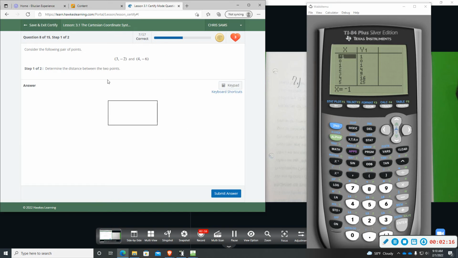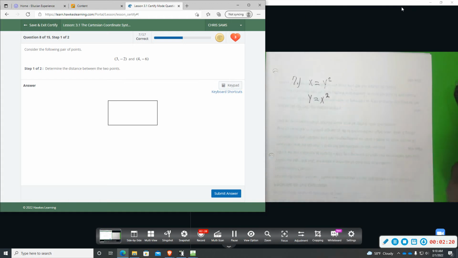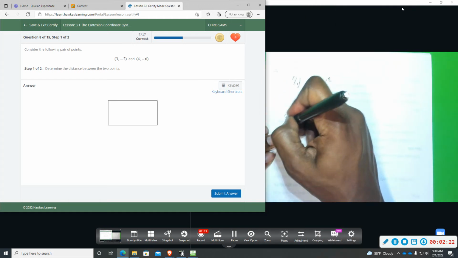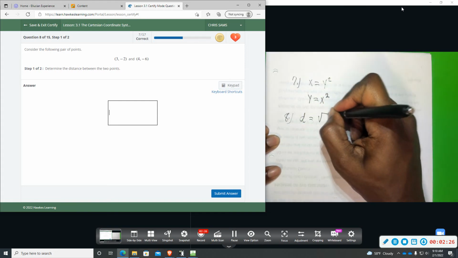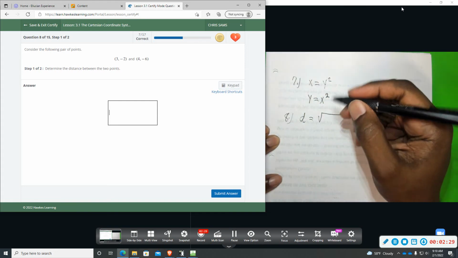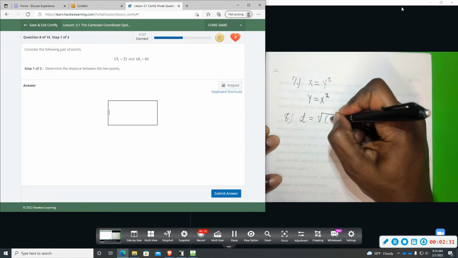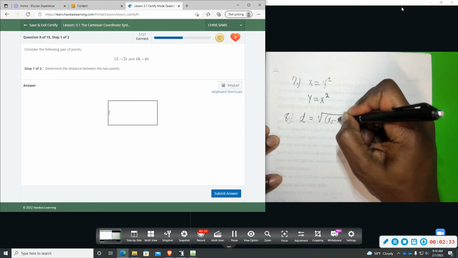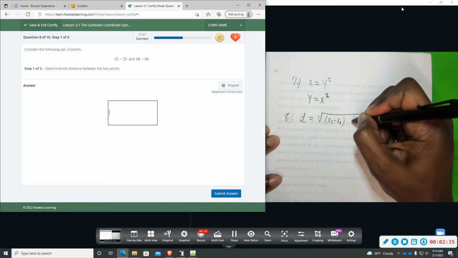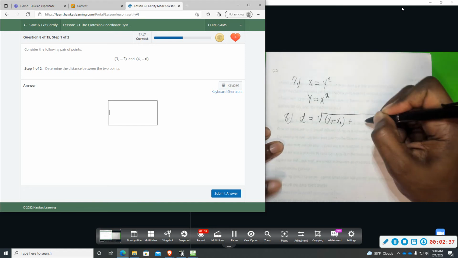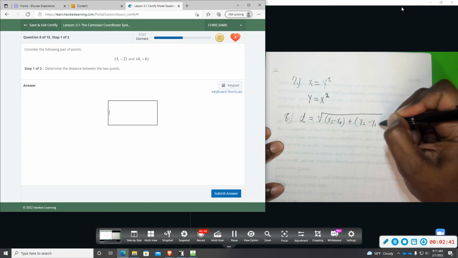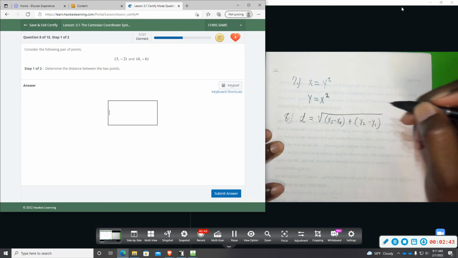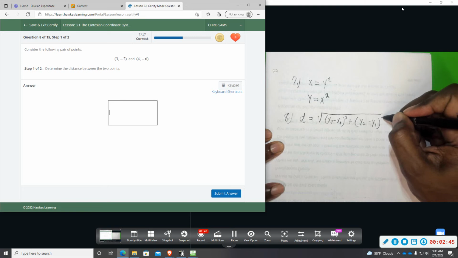And then we get to the distance formula. So recall the distance formula. Square root of x2 minus x1 plus y2 minus y1, and these are squared.